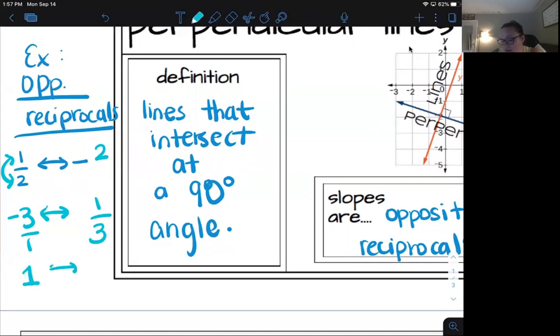The opposite of a positive 1 would have to be negative. And isn't 1 technically over 1? If I flip that, I'd still have 1 over 1, and 1 divided by 1 is just 1. So the opposite reciprocal of positive 1 is negative 1.